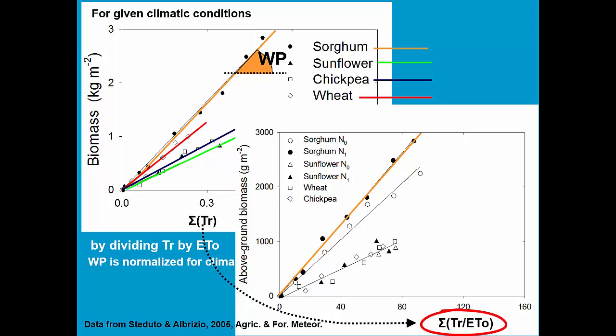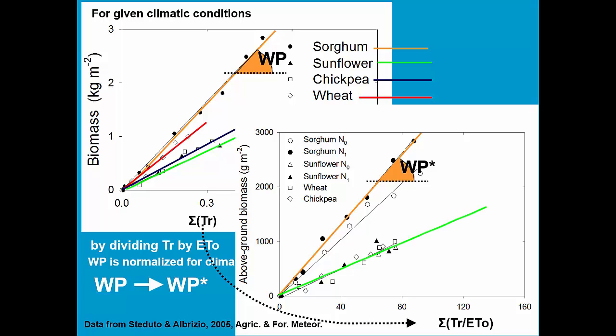So the cumulative transpiration corrected for ET0 is plotted versus the biomass. And once again, we see straight lines.